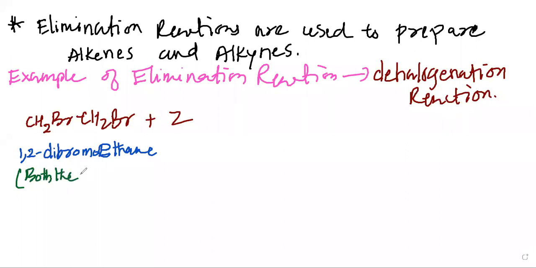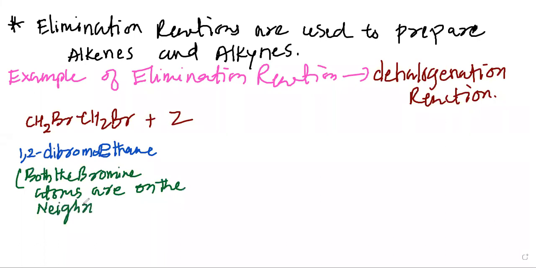both the bromine atoms are on the neighboring carbon. So you can see that both the bromine atoms are on the neighboring carbon.